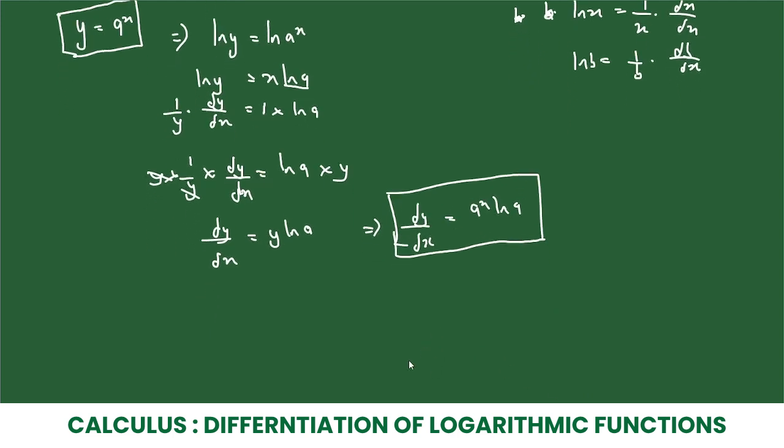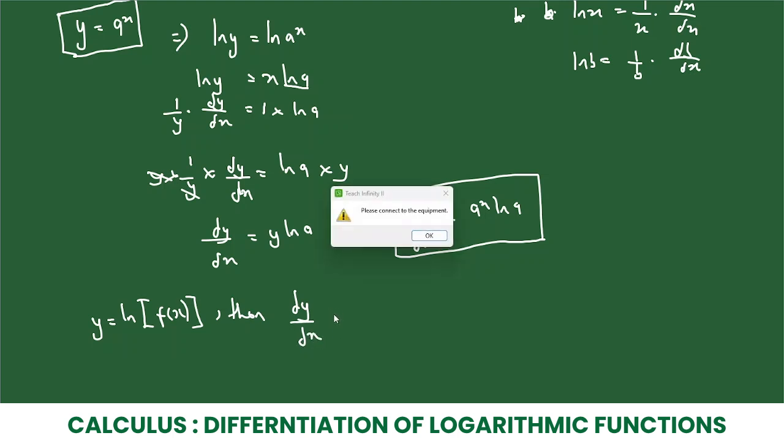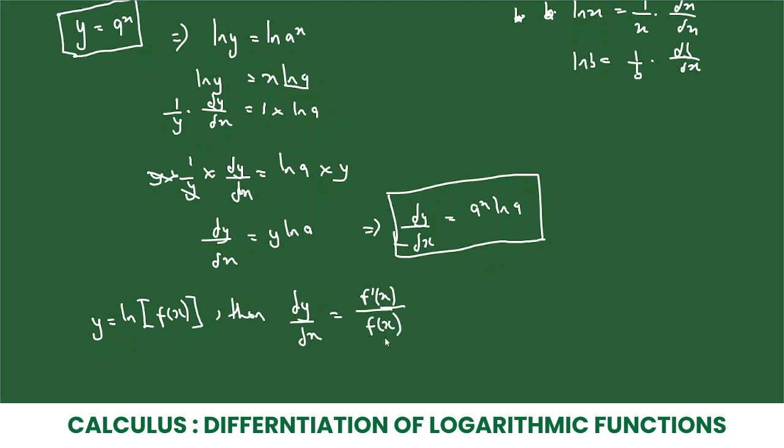So you can write this in the general form: if you have a function y equal to the ln of f of x, then dy over dx is equal to the derivative of the function divided by the original function.